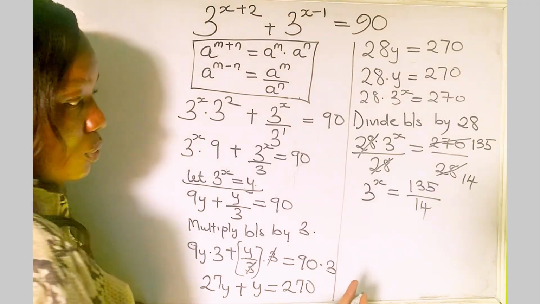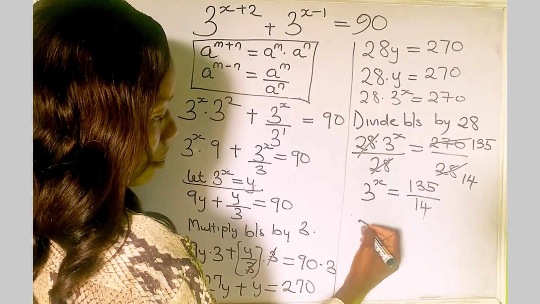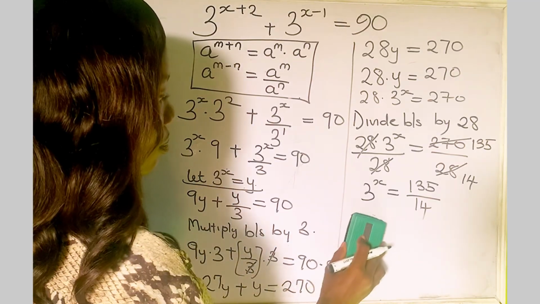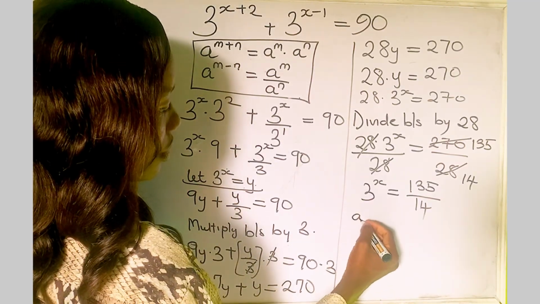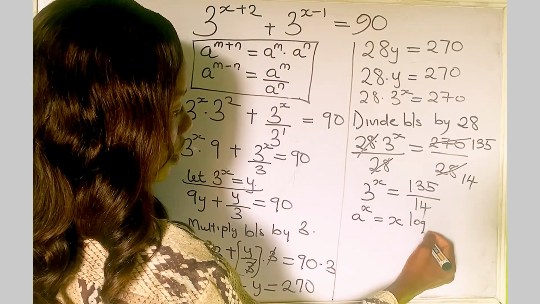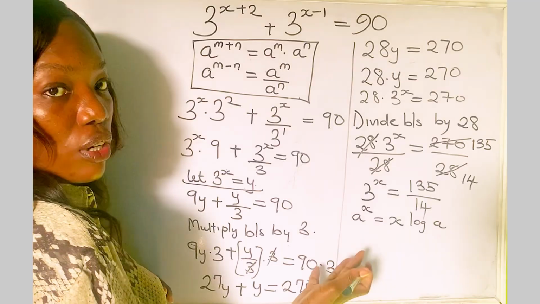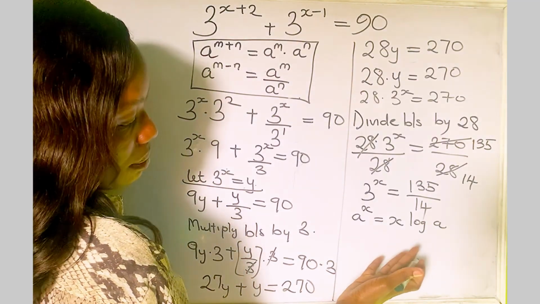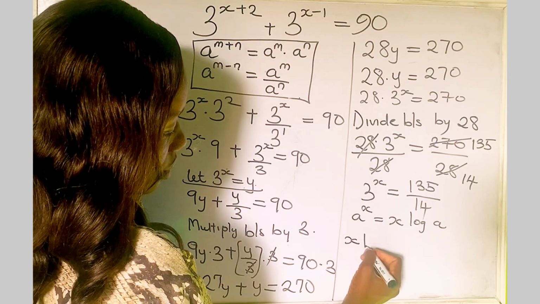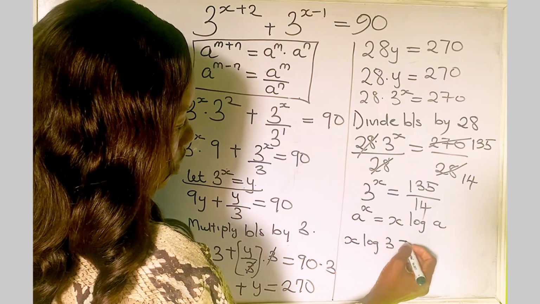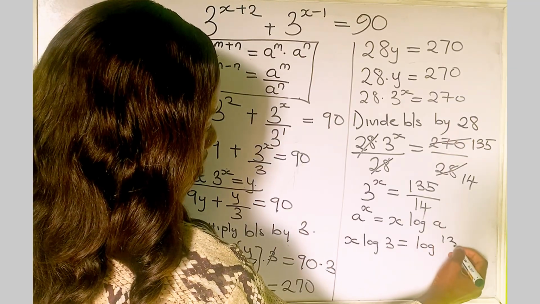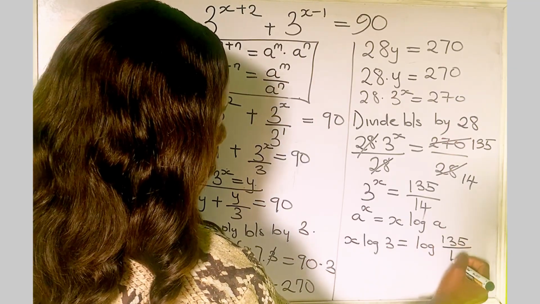So let's apply another rule. When you have a to the power of x, it's the same thing as x log a. We are trying to introduce logarithm in this equation now. Okay, so now we have x log 3 is equal to log 135 all over 14.